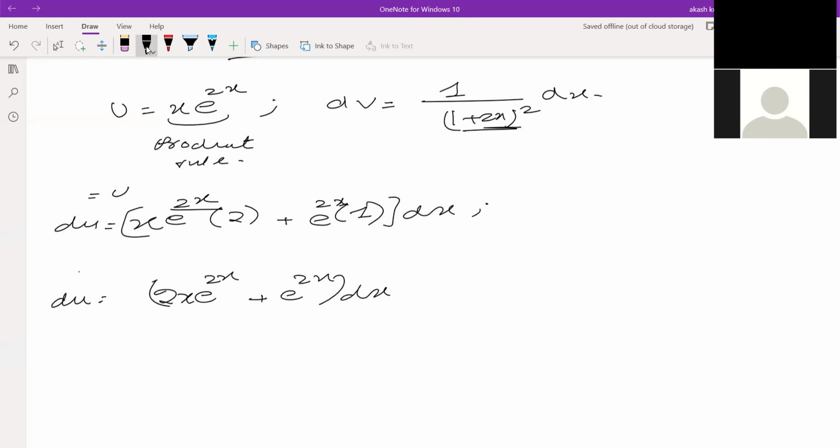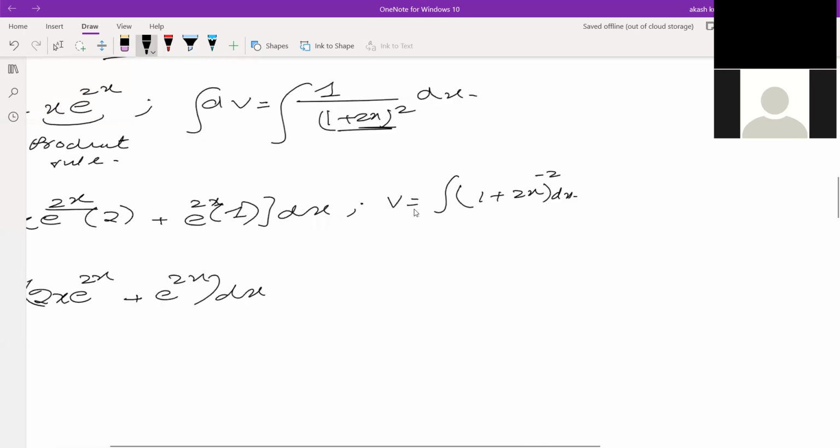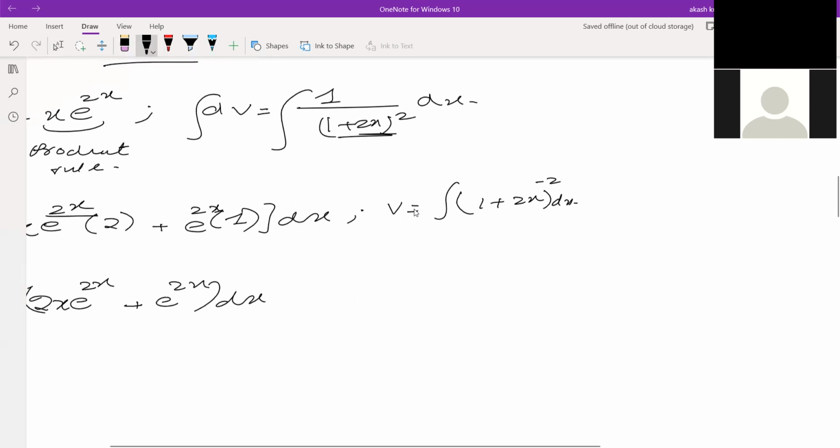Now we have to find out our v, which is the integral of 1 plus 2x to the minus 2. Can I write my function as the negative power? Then we have to apply the power rule.